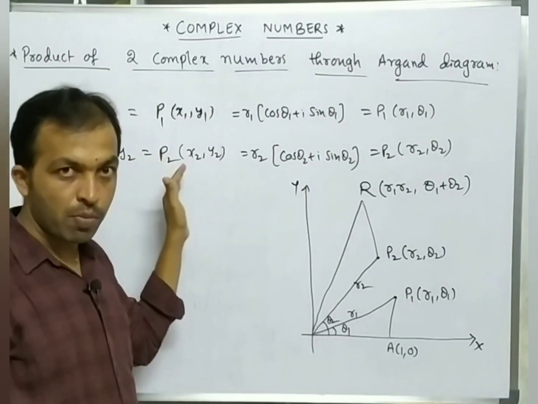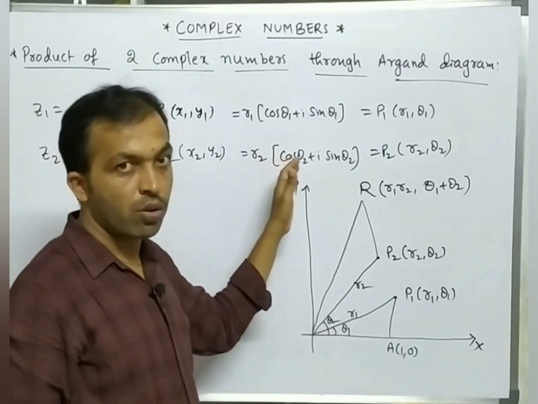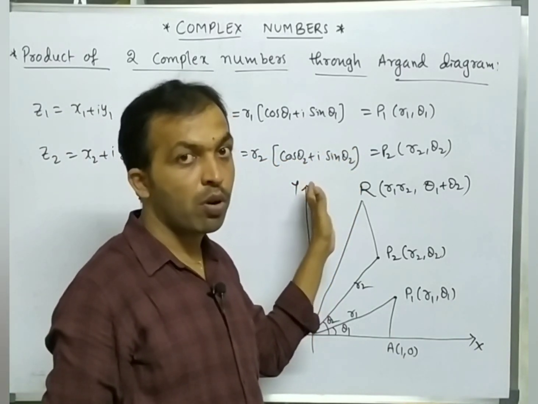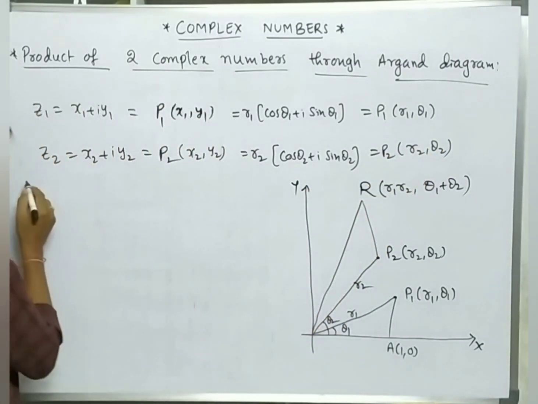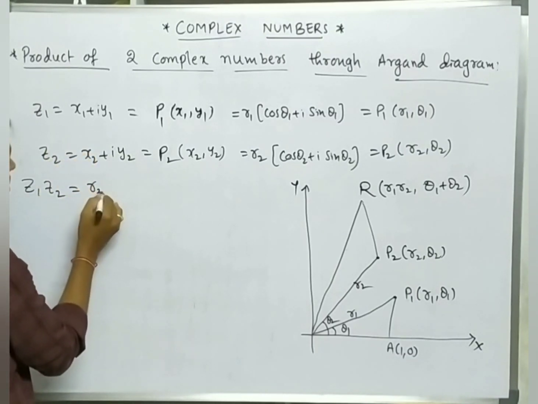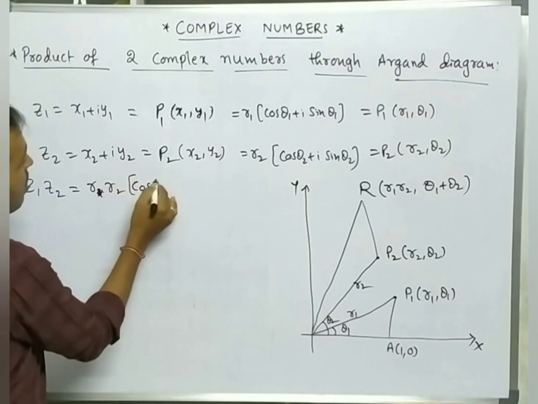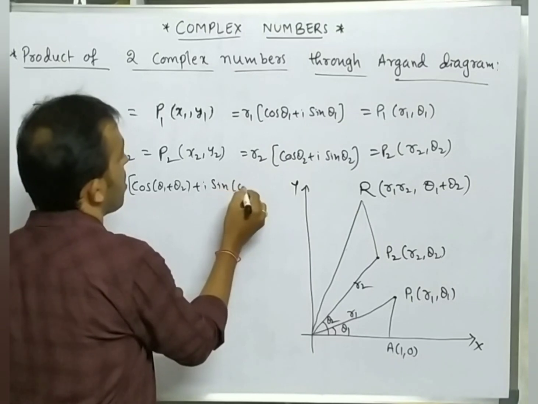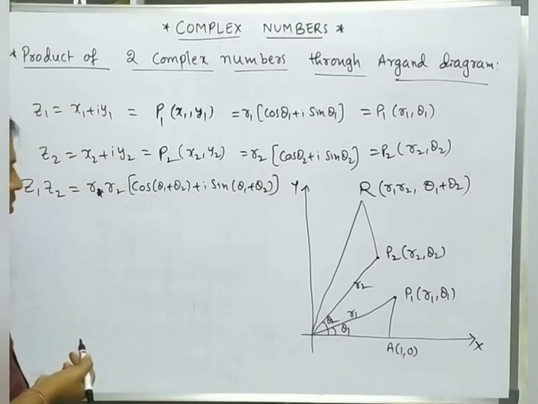Similarly z2 is x2 plus i y2 and the point is (x2, y2), and r2 into (cos theta 2 plus i sin theta 2), which is the modulus amplitude form, (r2, theta 2). So in the normal way the product of these two complex numbers is r1 r2 (cos of (theta 1 plus theta 2) plus i sin of (theta 1 plus theta 2)). Already we have done this in previous videos.